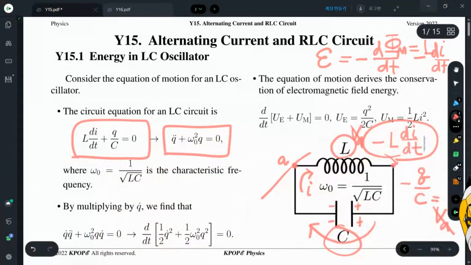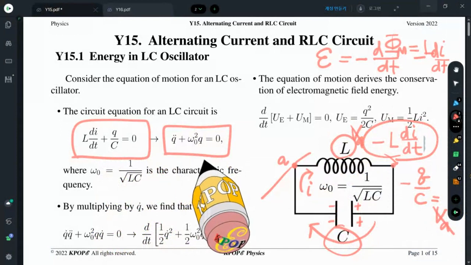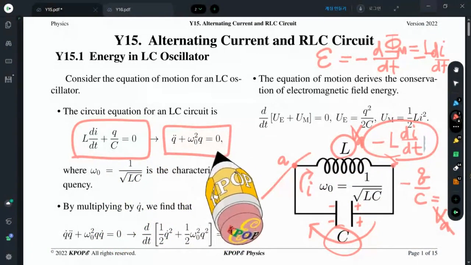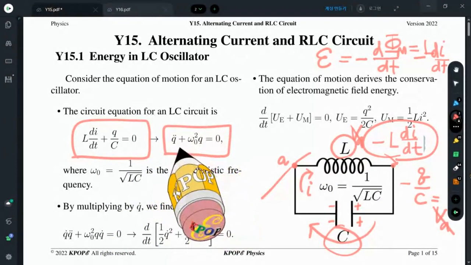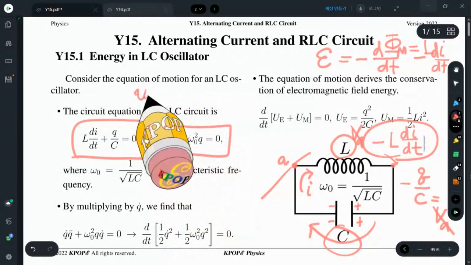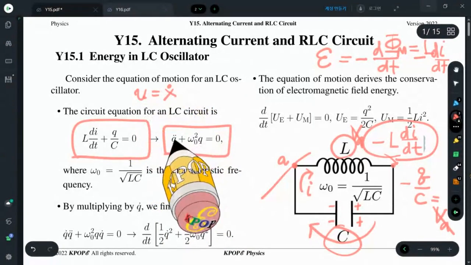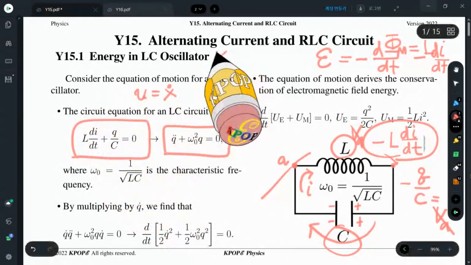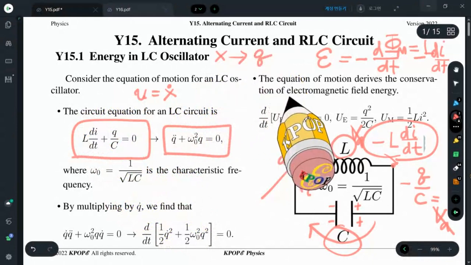We remember the simple harmonic oscillator keeps its total mechanical energy invariant. Just like that, if we multiply by the velocity, the velocity is the time derivative of displacement. In here, we have no displacement. Instead, x is replaced with the charge q.